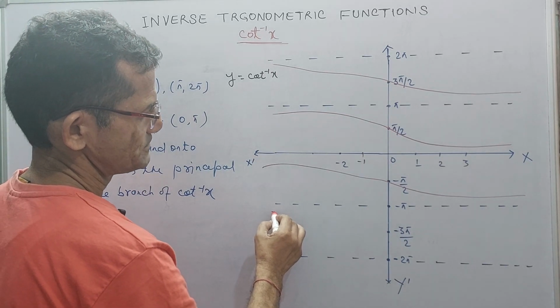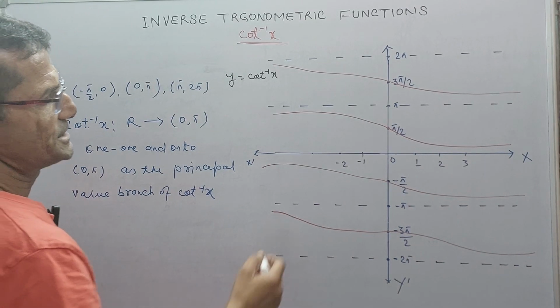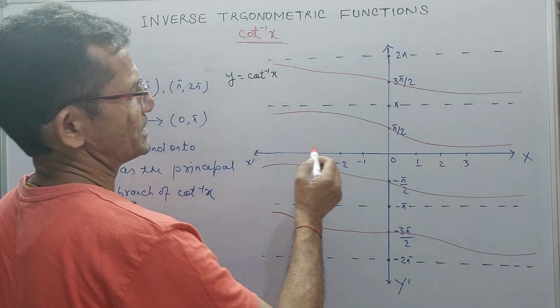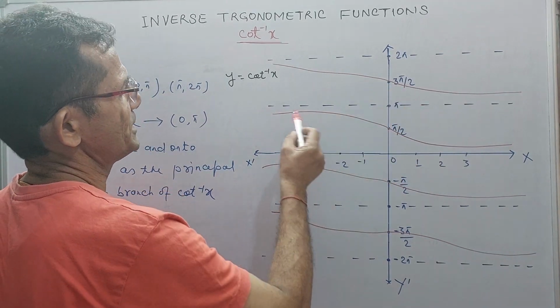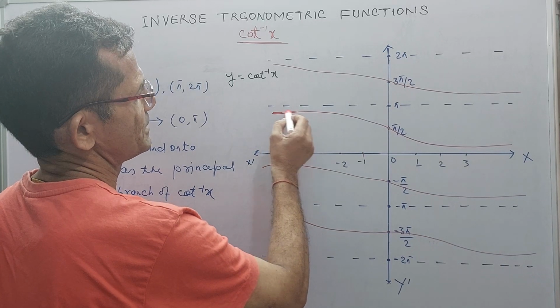These are the graphs of cot inverse x, and particularly this graph in 0 to pi is known as the principal value branch of cot inverse x.